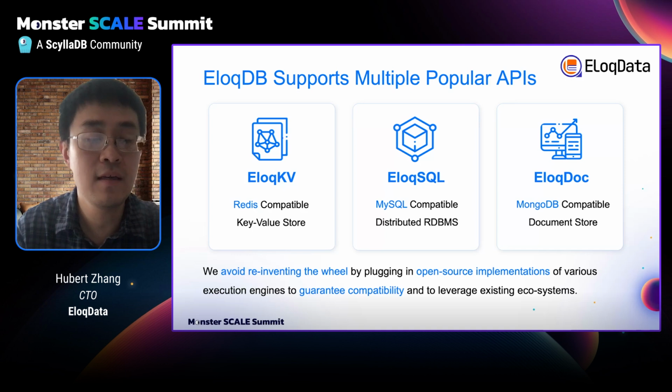Besides EloqKV, we also have EloqSQL, which is a MySQL-compatible distributed relational database, and EloqDoc, which is a Mongo-compatible document store. We avoid reinventing the wheel by plugging in the existing implementations of various open-source executor engines to guarantee compatibility with the existing solutions.